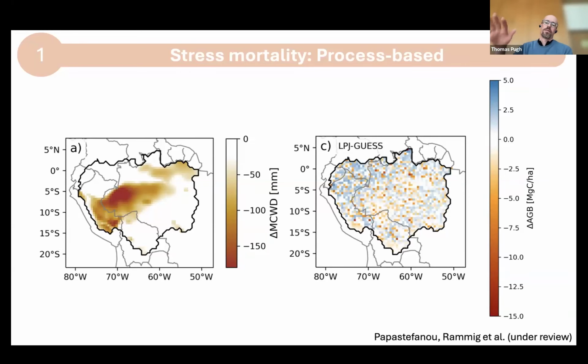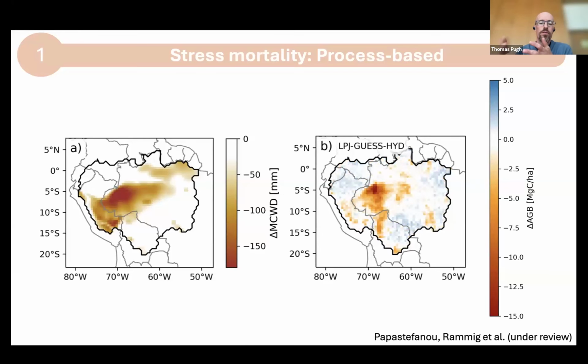And this is then the change in biomass that the model simulates just following that drought period. And now I flick forward to the new version, which has the plant hydraulics, the water stress description included. And now you can see that actually the model is picking out biomass reductions that link to the stress that's in the climate data set.